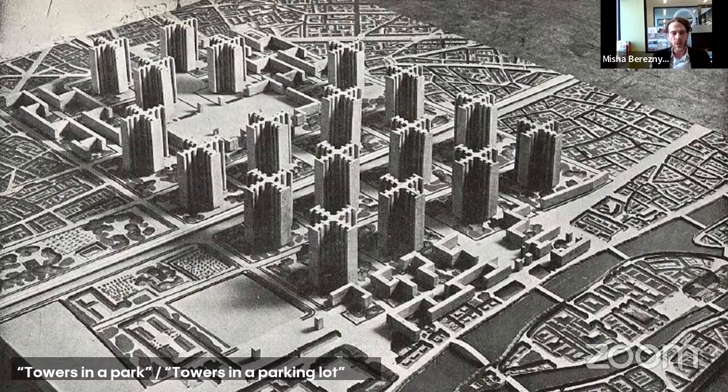But practically, whenever it was implemented, it usually ended up as towers in a parking lot, which is a common term to criticize them. And that's because, A, there was an increasing demand for parking, but also there wasn't really much to do with all that open space. So that's what there was to it eventually.